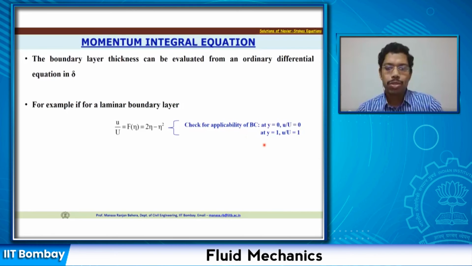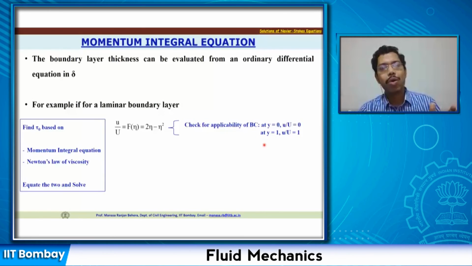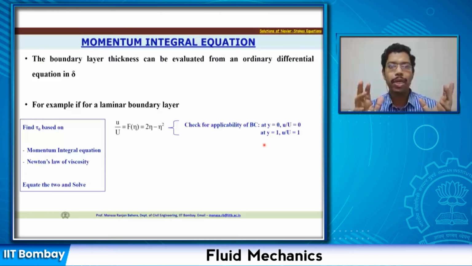Okay. So how do we solve it? You find out the tau 0 based on the momentum integral equation and apply Newton's law of viscosity. Then equate these two expressions, okay, and get the final solution.